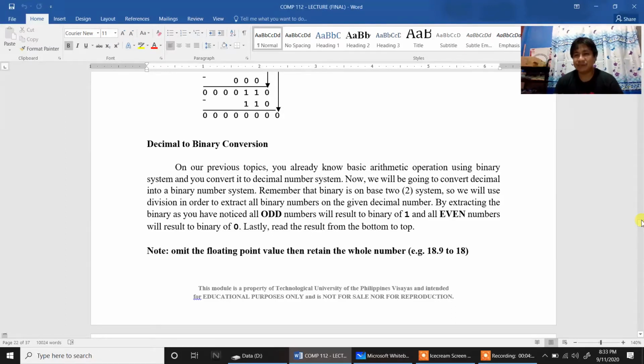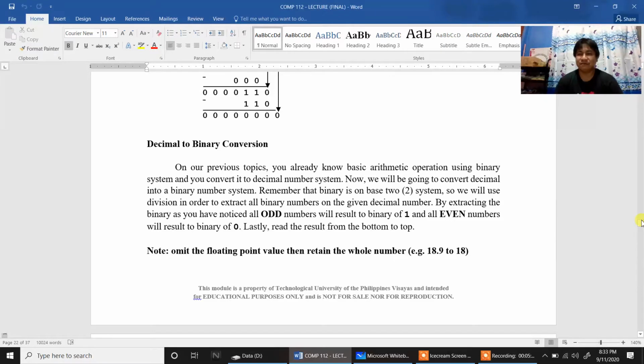So if there is a decimal point after you divide, for example 12.1 or 12.9, that means that is 1. It is considered to have a decimal place, so it is 1. But if it is just 12, without a decimal place, automatically it is 0.